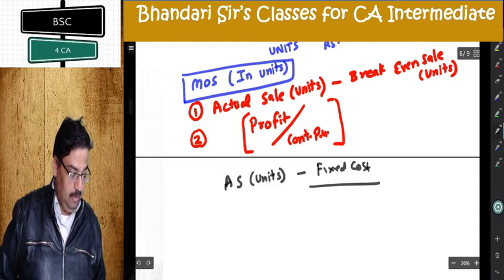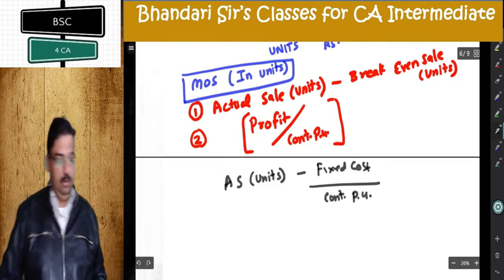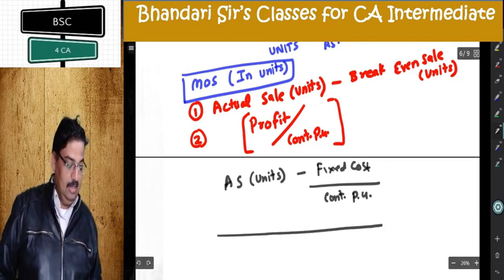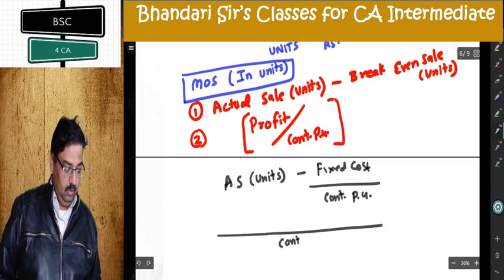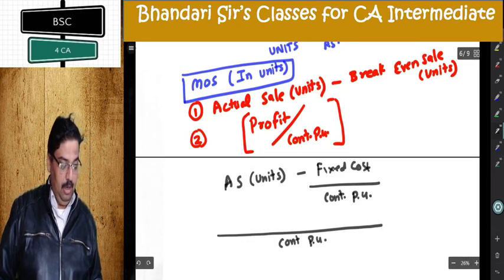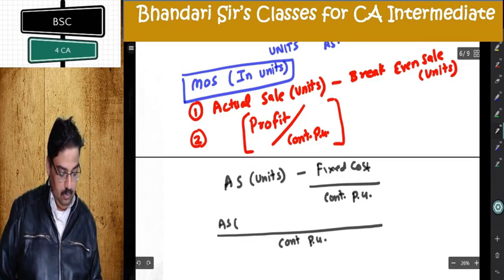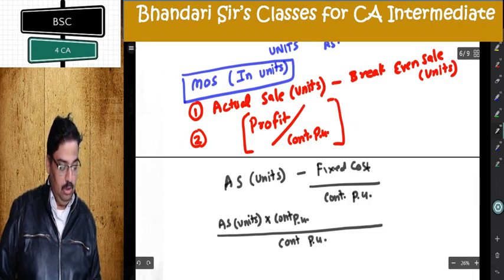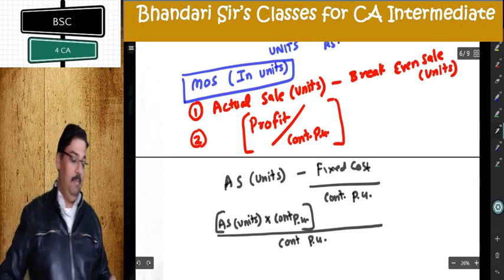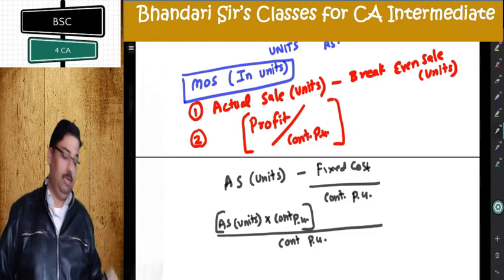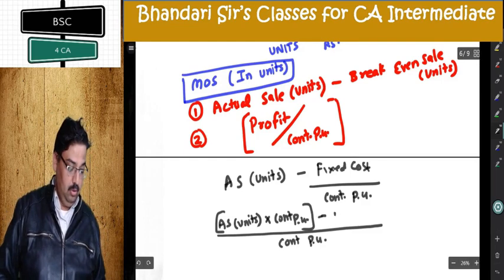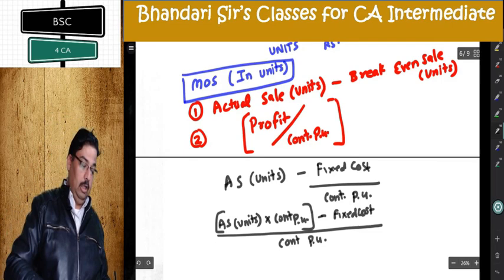Fixed cost divided by contribution per unit. If I take LCM, contribution per unit, it is actual sale units multiplied by contribution per unit minus fixed cost. Only those who are interested in maths can concentrate on the derivation, others can ignore it. What is the numerator now?